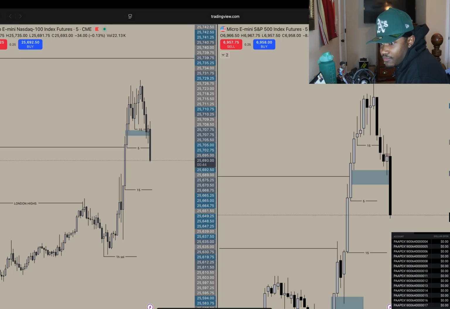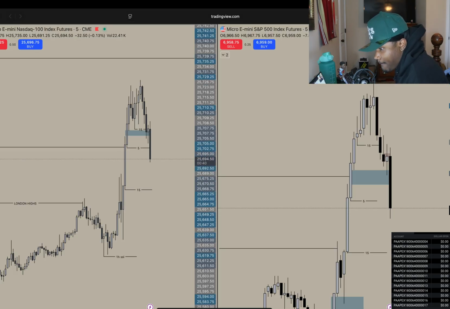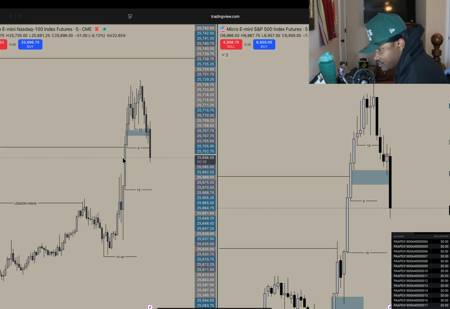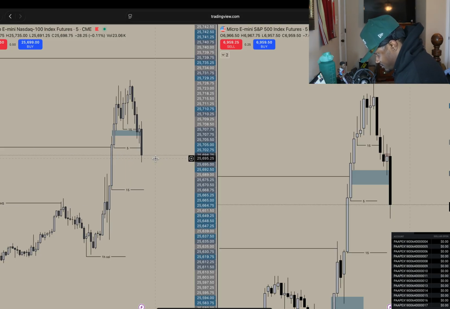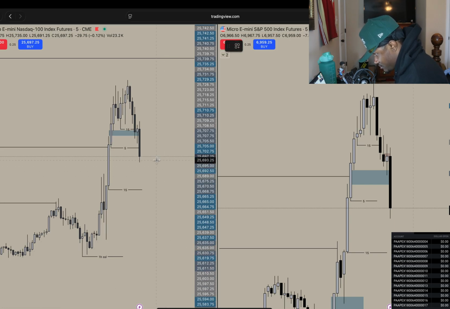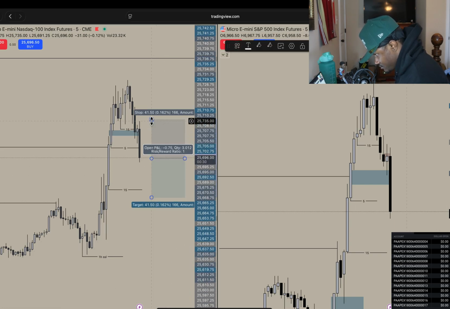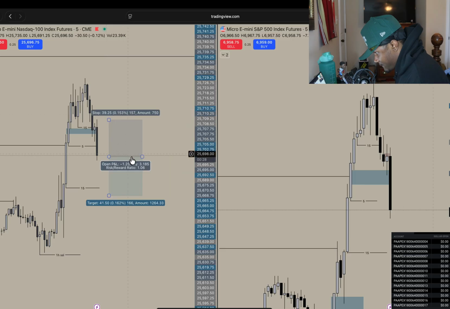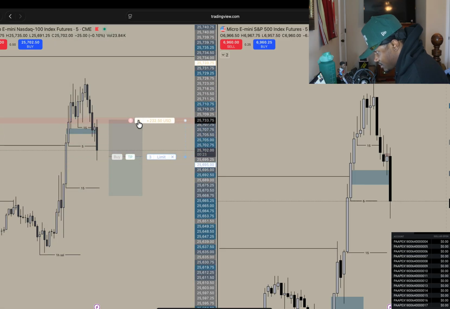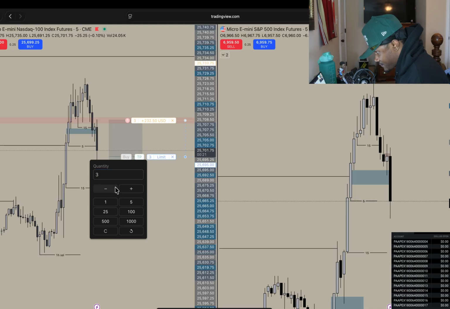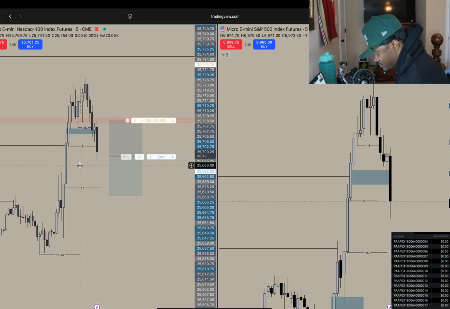Drop down to the lower time frame on NQ, see what's going on. Got 30 seconds left on this candle. Starting to reject it a little bit. Probably going to be going like 2 contracts. Yeah, let me go on like 2 cons here.